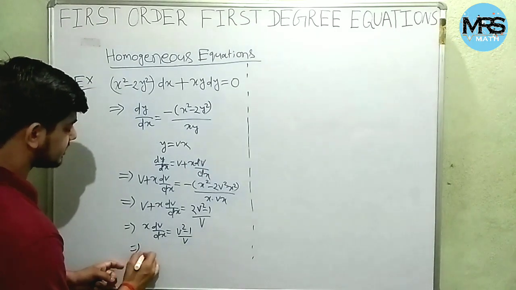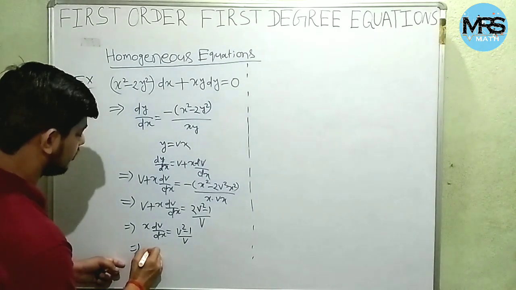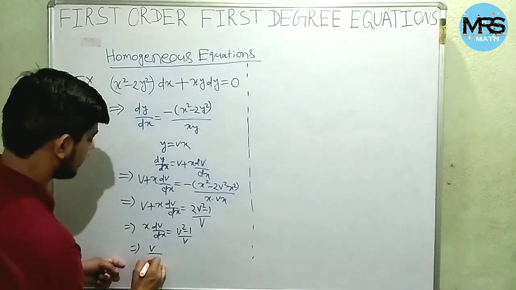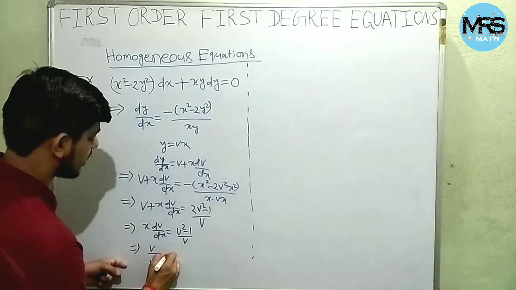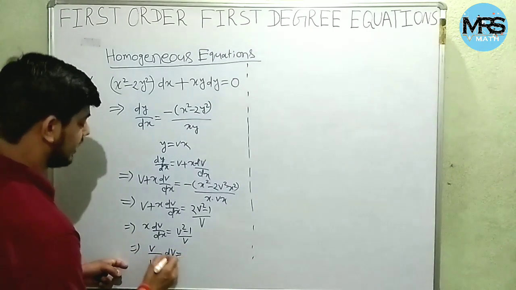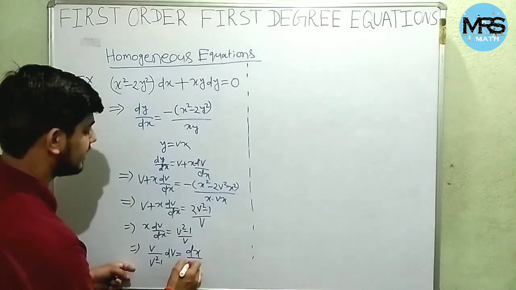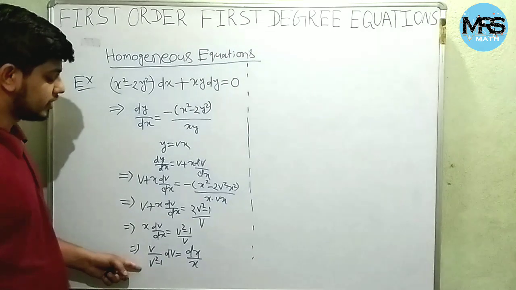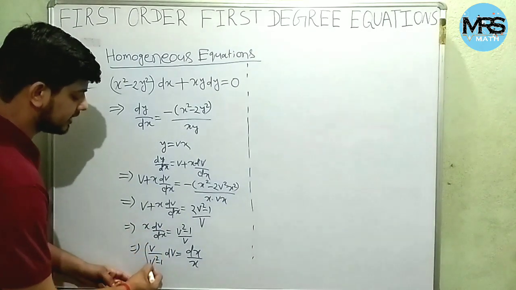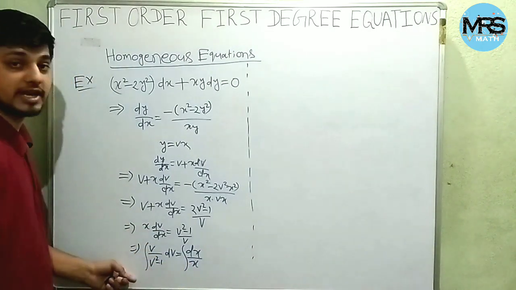Now if you will separate out, then this will be v over (v square minus 1) dv, and this will be dx by x, correct students? Now we will integrate both the sides, okay?